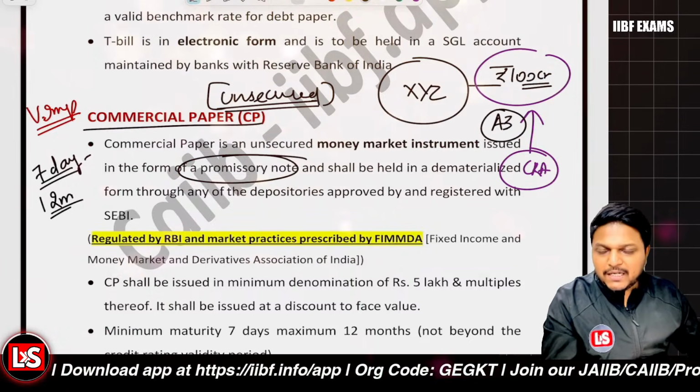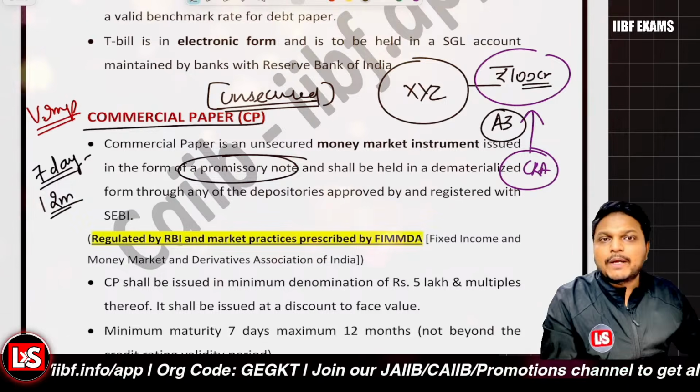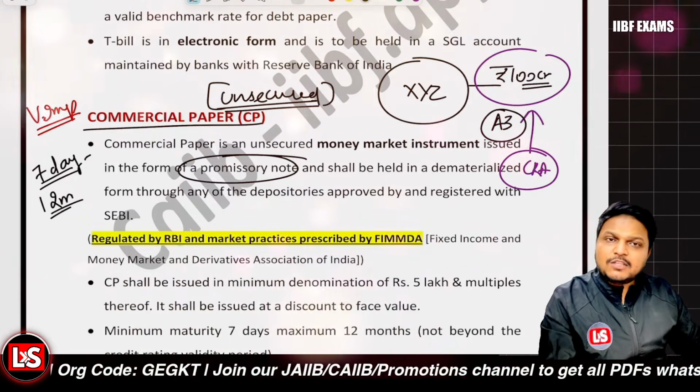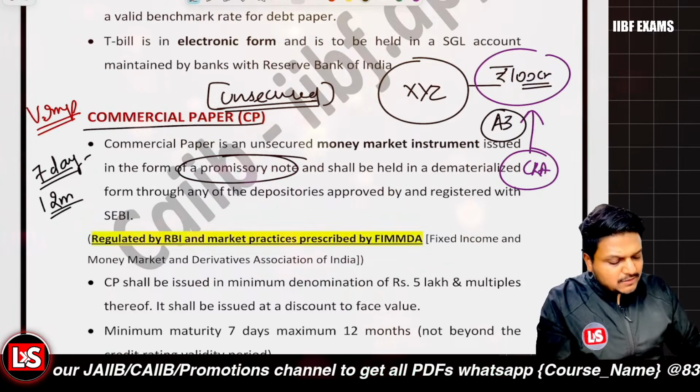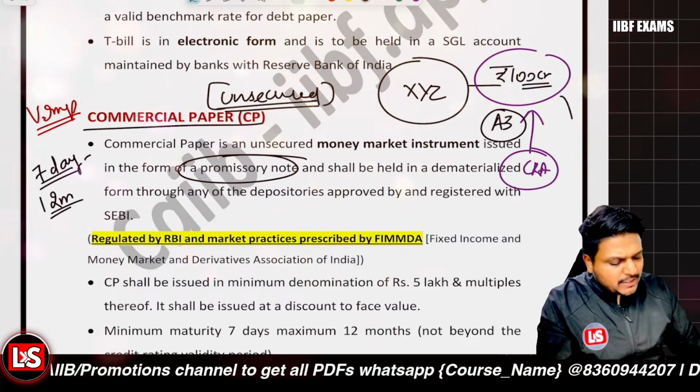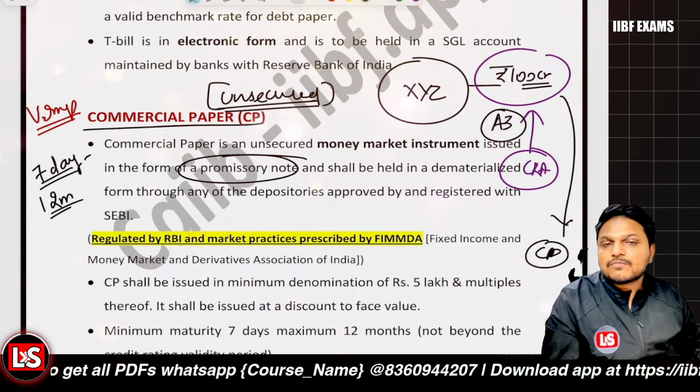A3 is a grade, right? For the short-term purposes. And this is the minimum credit rating which is required. Let's say the credit rating A3 or a better one was issued by the credit rating agency. And further, the company issued the 100 crore rupees commercial papers to the public, to the investors.